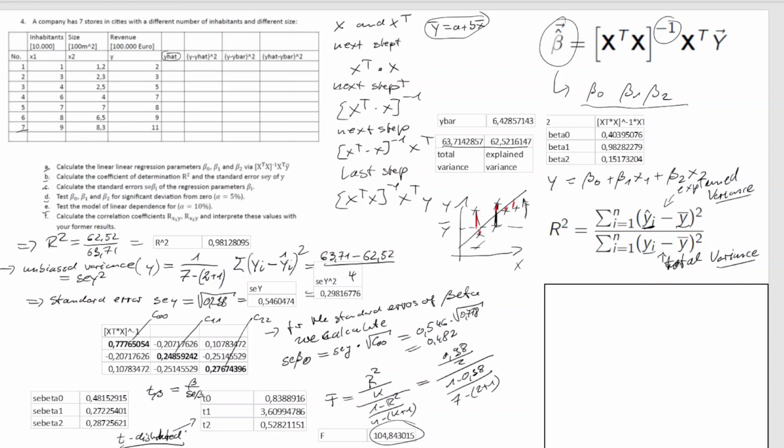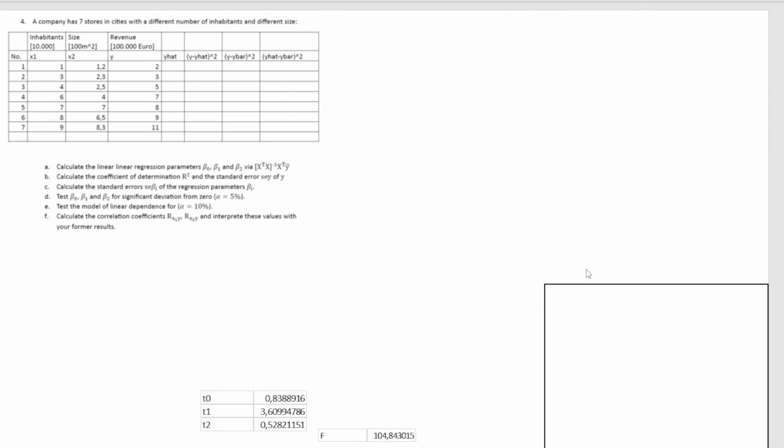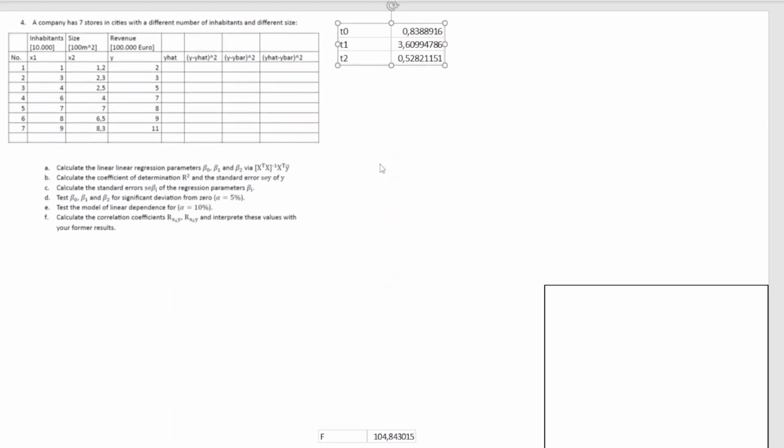So I'm now running out of space. Therefore, what do we need? We need now the t values and we need the f values. And the rest we don't need anymore.